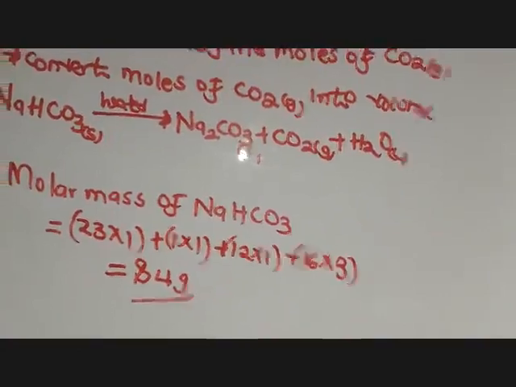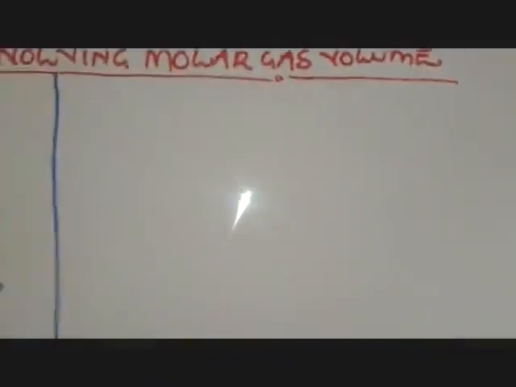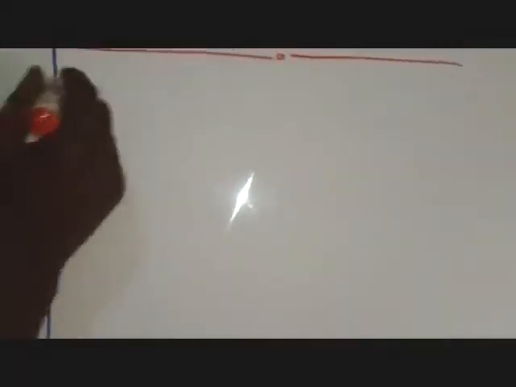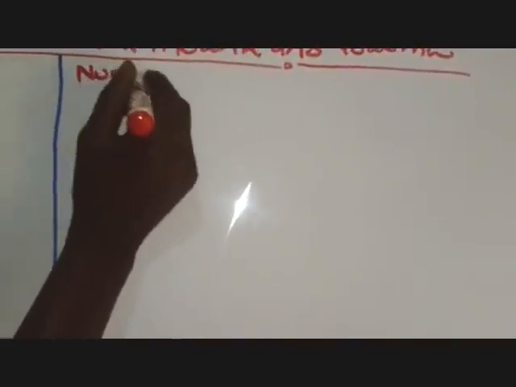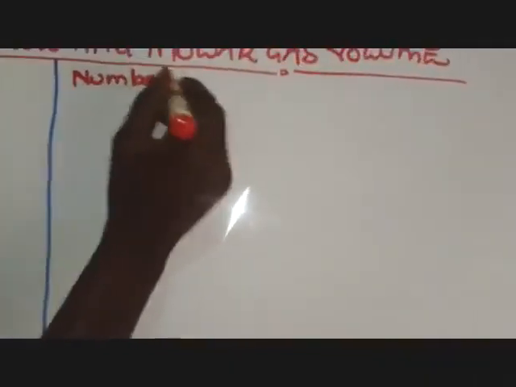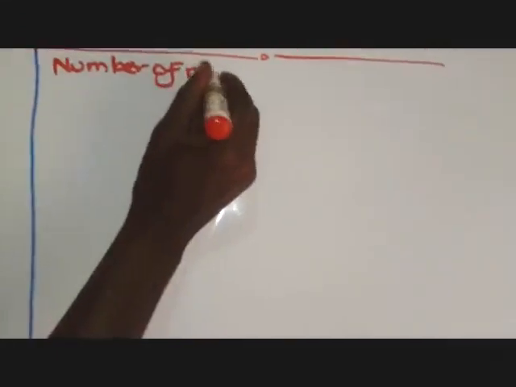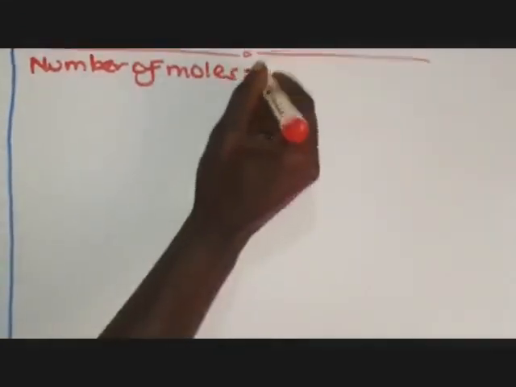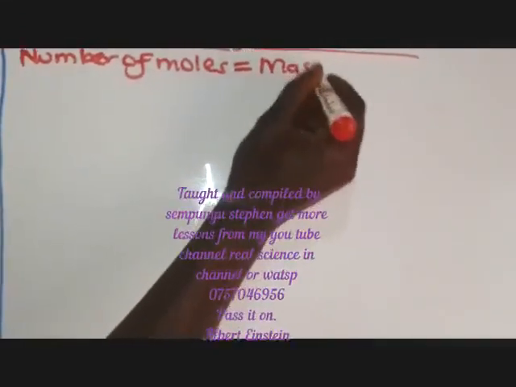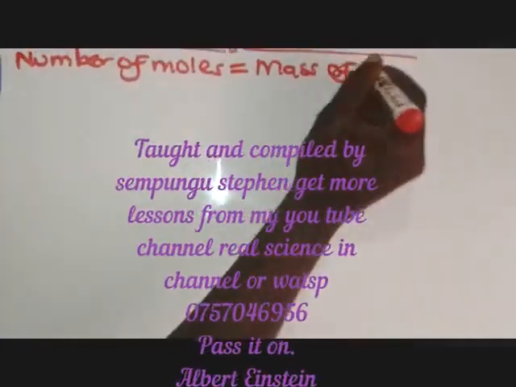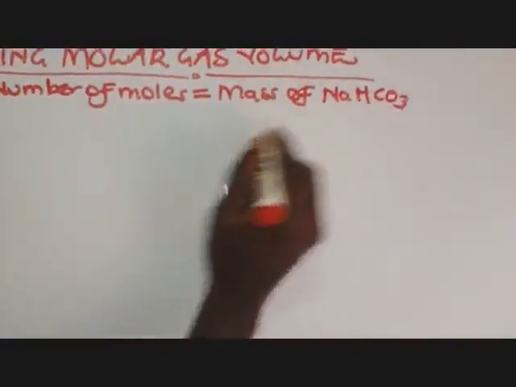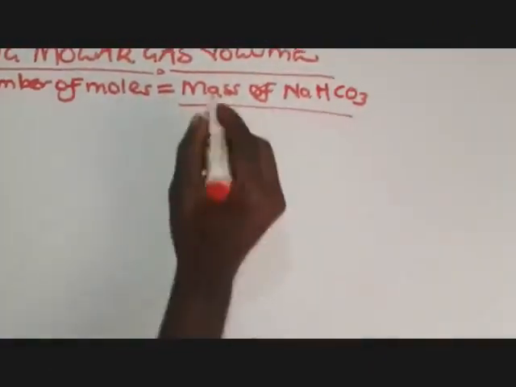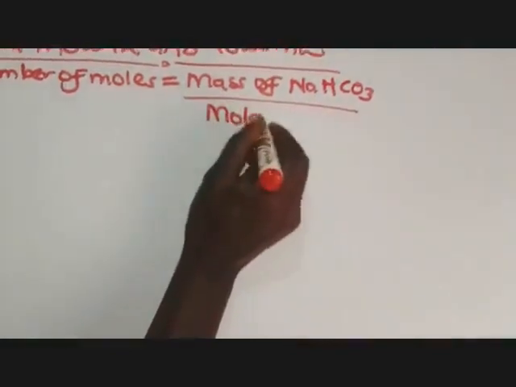Now after finding our molar mass, the third step is to find the number of moles. Number of moles equals the mass of sodium hydrogen carbonate divided by the molar mass.